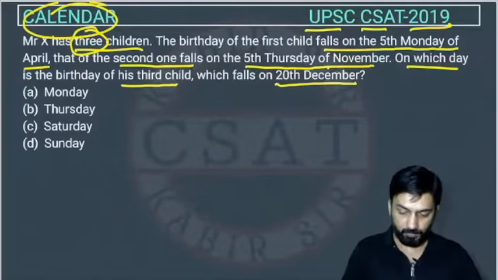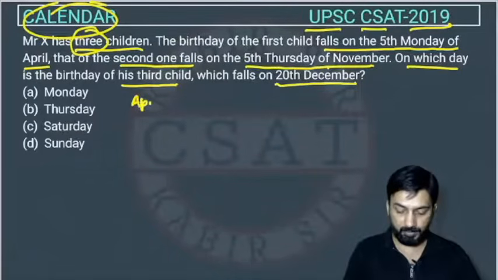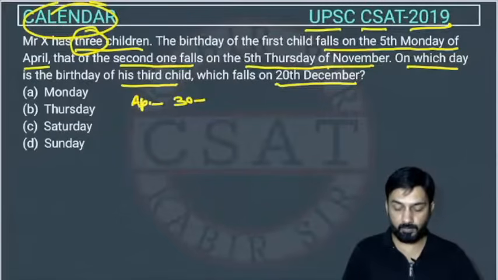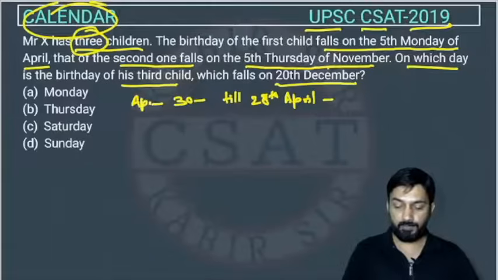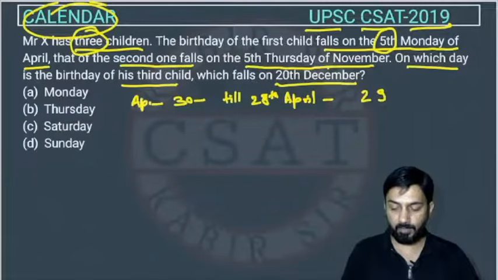So now, 5th Monday. In April, how many days are there? In April, there are 30 days, right? So till 28th April, only 4 weeks will get completed, right? So the 5th Monday will fall on either 29th April or 30th April, right?